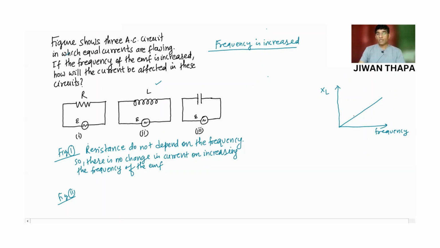So this is to be noted. Now what we find, inductive reactance XL equals omega L, and omega is 2 pi f, so we have XL equals this.